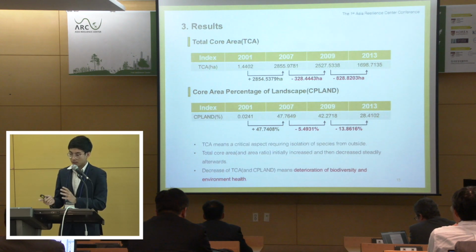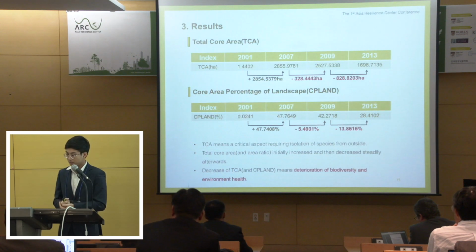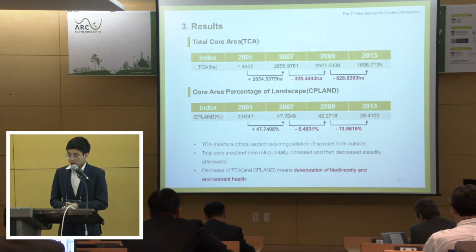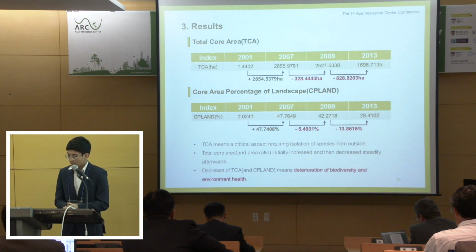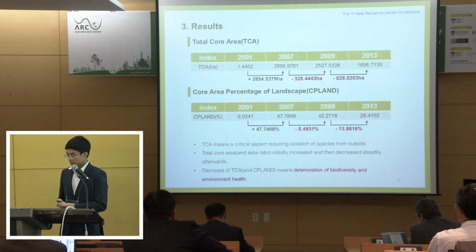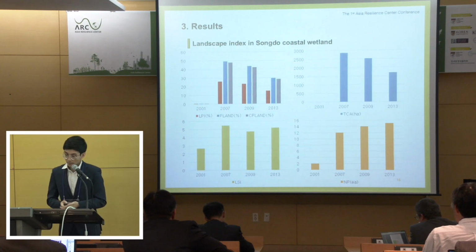As I mentioned, it is because of the reclamation. After 2007, this index decreased steadily. After 2007, the decrease of TCA and CPLAND means the deterioration of biodiversity and environmental health. So we know how fragmented this place is.